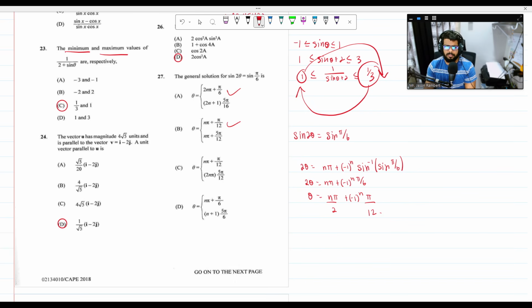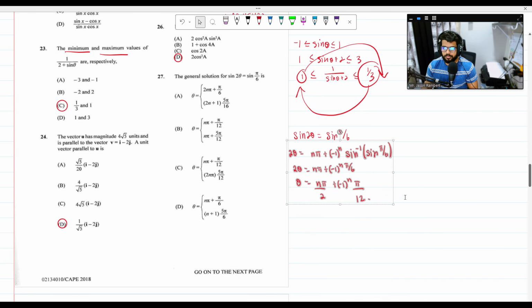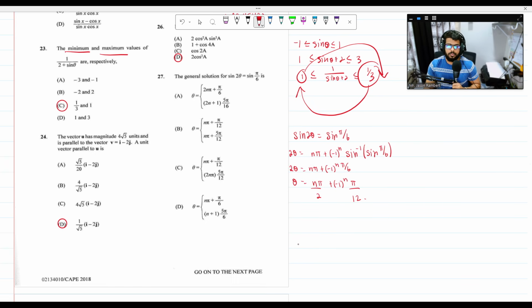And how are they getting two things here? These two different functions come from the power n being odd and being even. So for those of you who didn't learn this in school, I'm going to show you what I have to do. Once I get the general solution, let n be equal to 2p.